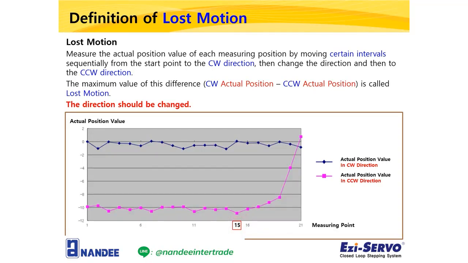For the clockwise movement, the actual position is 0.1. And for the counterclockwise movement, the actual position is negative 11. The lost motion is calculated by subtracting the counterclockwise actual position from clockwise actual position, which is 0.1 minus negative 11. That is 11.1.